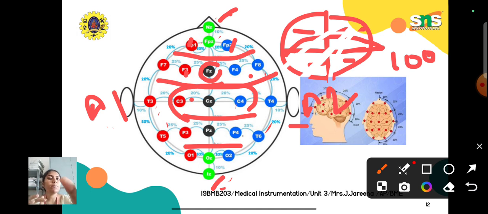Next you have occipital. Like prefrontal, FP1, FP2, here also you give O1 and O2, and the middle is OZ. What is left over is the T, the side part that you have to cover.